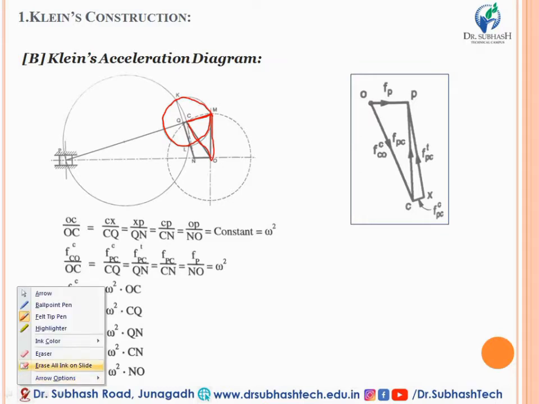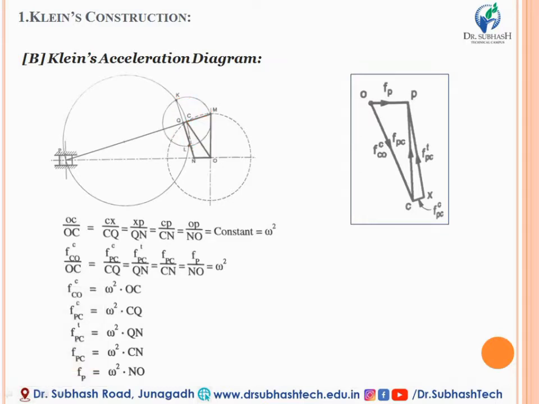After that draw one more circle with PC as the diameter, that means the circle in which PC is the diameter, so your circle will look like that.